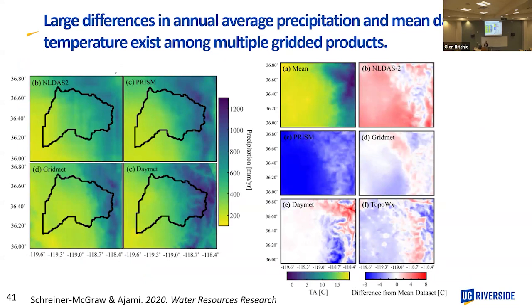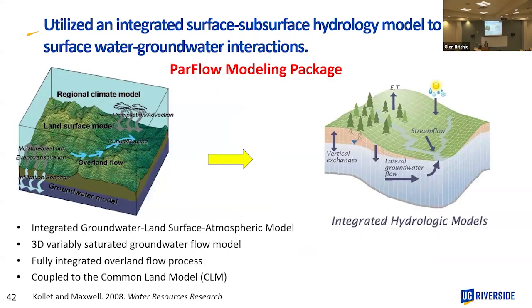So then we did a numerical experiment, saying let's use an integrated hydrologic model and assess how this uncertainty in precipitation and temperature propagates through the hydrologic system. We use a modeling package called ParFlow, which is an integrated surface water, groundwater, atmospheric model.